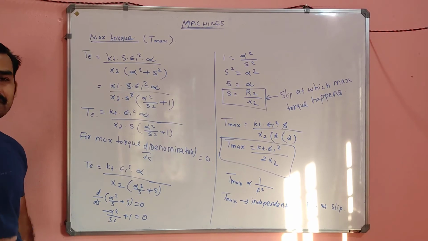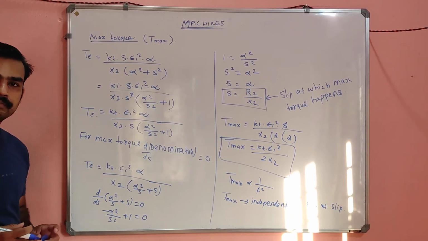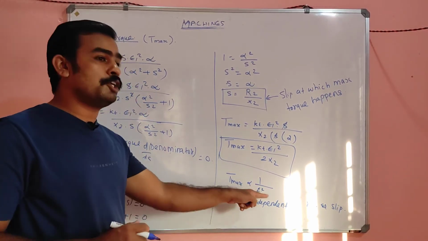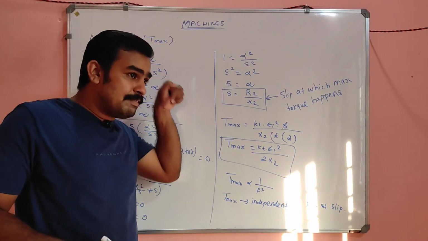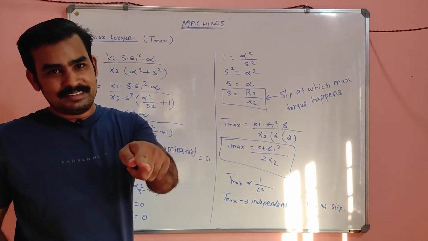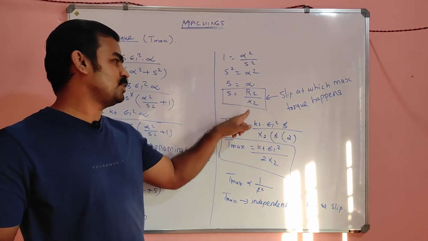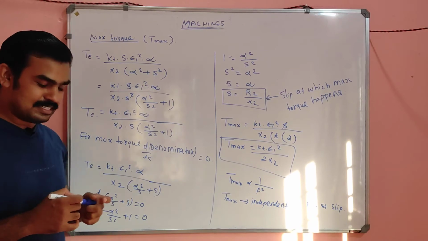But the slip at which maximum torque occurs is dependent upon R2 and X2. You have to note the difference.